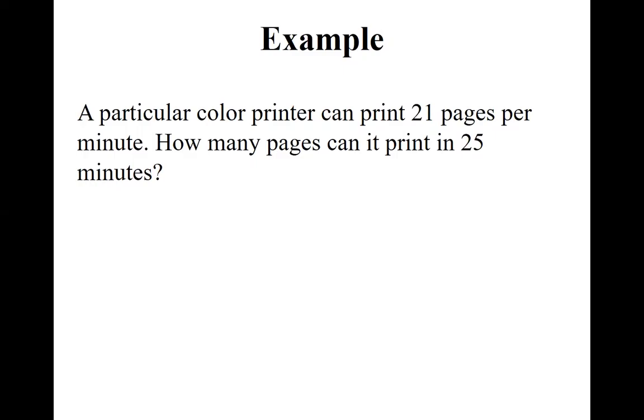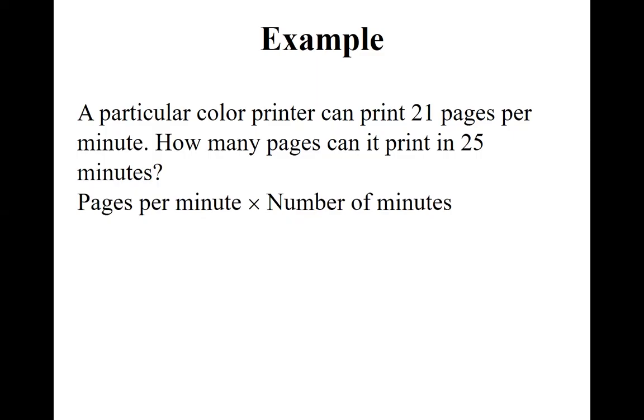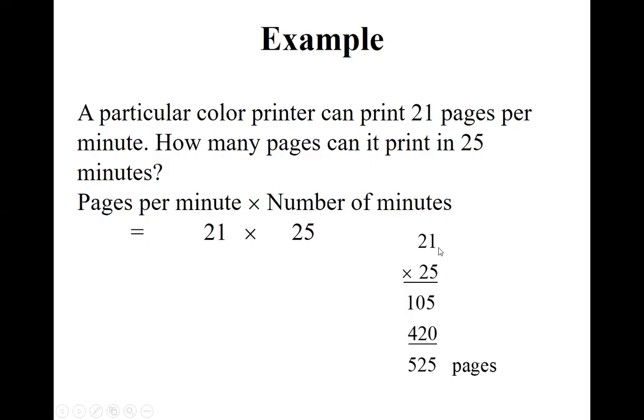A particular color printer can print 21 pages per minute. How many pages can it print in 25 minutes? In other words, 21 pages 25 times, the pages per minute times the number of minutes. 21 times 25. 5 times 21 is 105.